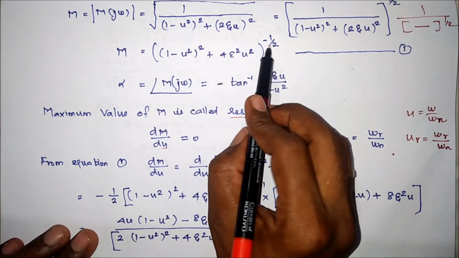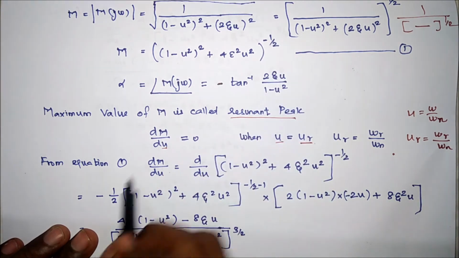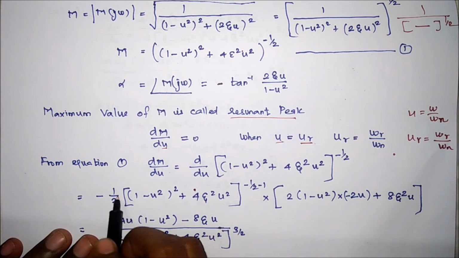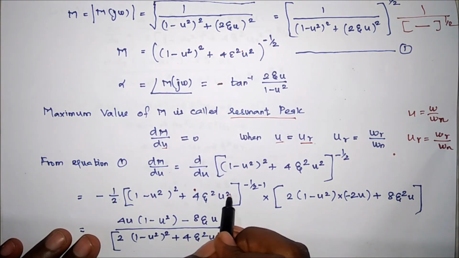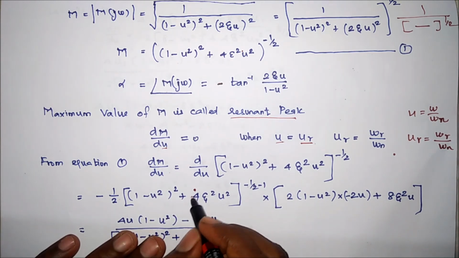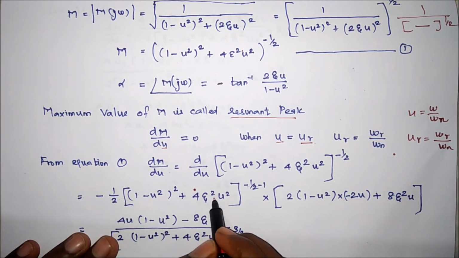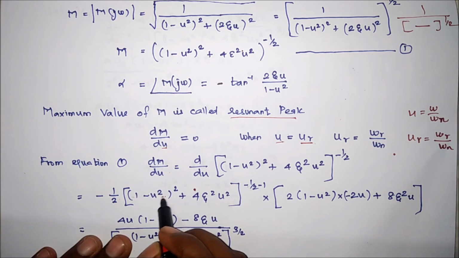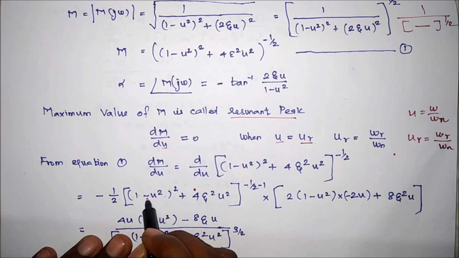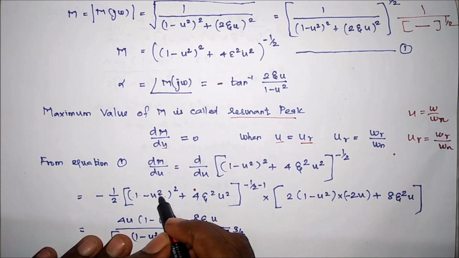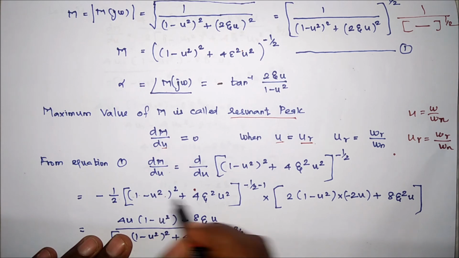So differentiate means first minus 1 by 2 into this entire term, after that whole power minus 1 by 2 minus 1. This is the formula for differentiation. After that what is available inside we have to take and differentiate again. So first we have to take this part and differentiate it. So this will become 2 into 1 minus u square, but again here u square is available, we have to take this and differentiate.